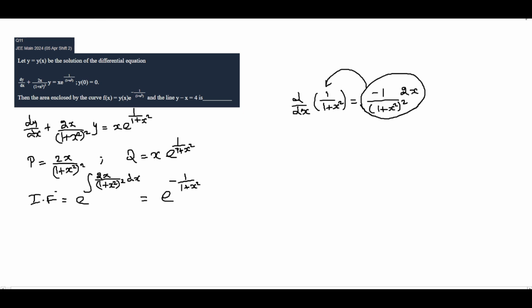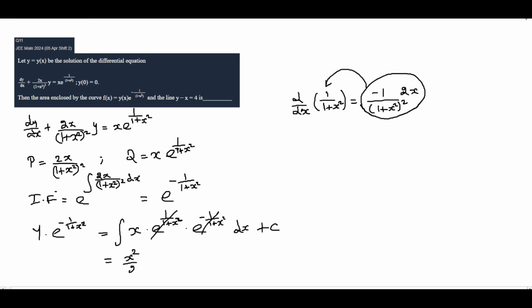So the integrating factor is this, so y into e power minus 1 by 1 plus x square equals integral of x into e power 1 by 1 plus x square into e power minus 1 by 1 plus x square into dx. The terms cancel, plus c, so x square by 2.